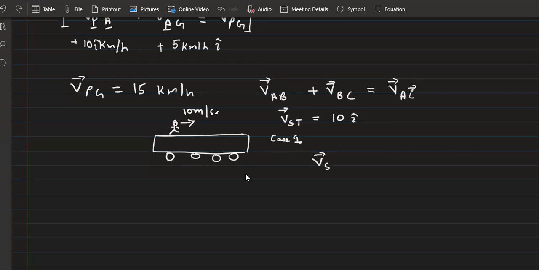What will be the velocity of Shah Rukh Khan with respect to ground?